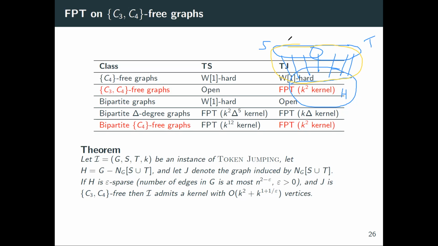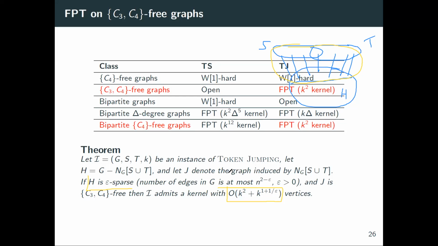Okay, so the theorem states the following. If H is epsilon sparse, where epsilon sparse means that the number of edges is at most n to the power 2 minus epsilon, for positive epsilon, and J is C3, C4 free, then the problem admits a kernel of size K squared plus K times (1 plus 1 over epsilon).